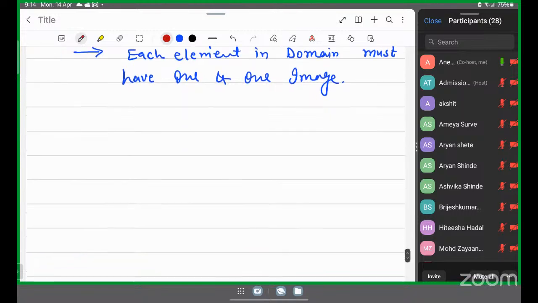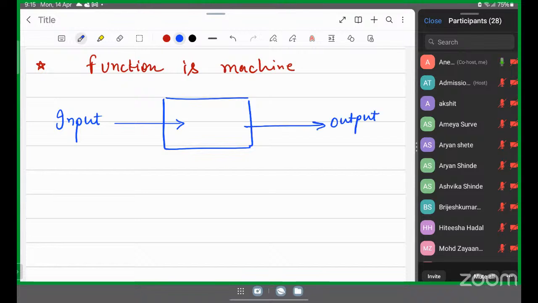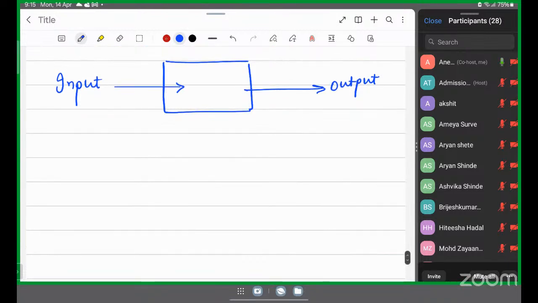In some books, we write function as a machine. Function is a machine, which means certain input will be given, and function will process these inputs and give certain output. So function is an input output. In mathematics, input is generally given by variable x and output is generally taken as y.